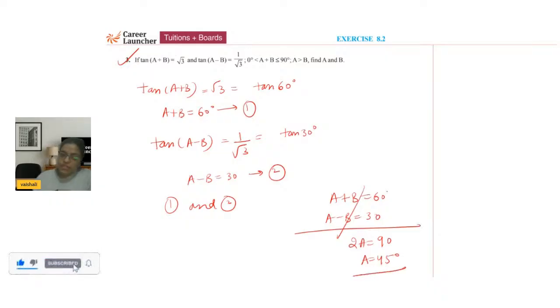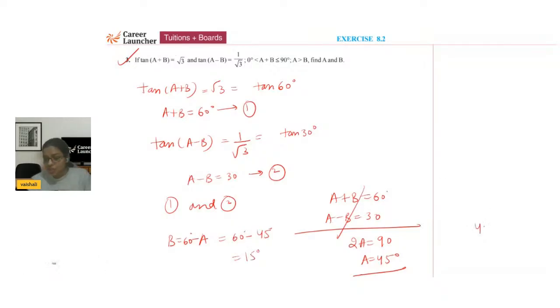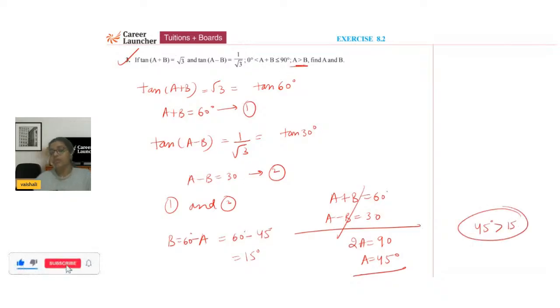Now A is 45. Now what about B? I can substitute this in any of the equations. For instance, B is equal to 60 minus A, so 60 minus 45 degrees, and you will get the answer for the other one also. So B is 15. And you can also cross check that my angle A is greater than my angle B, which is true because a specific condition is being mentioned.